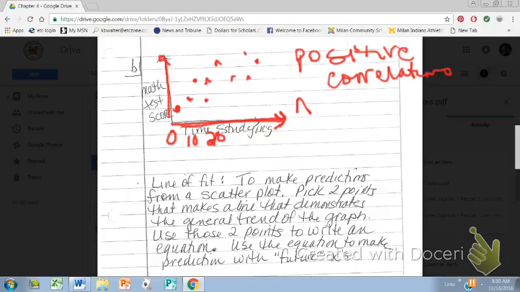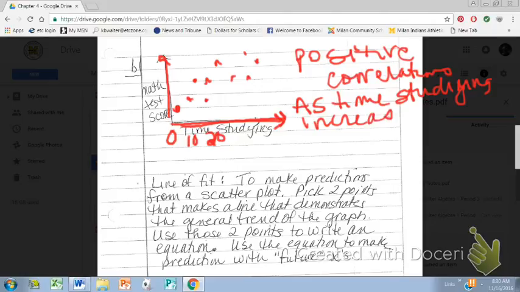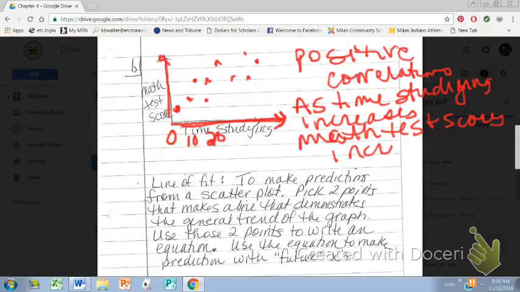So as time studying increases, math test scores increase. And that would result in a positive correlation.